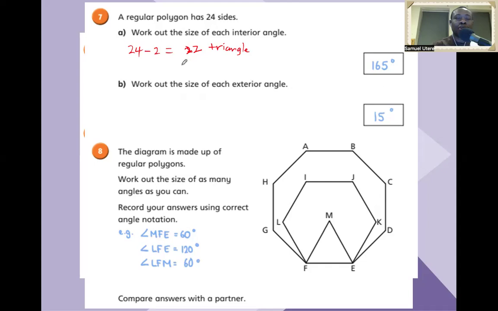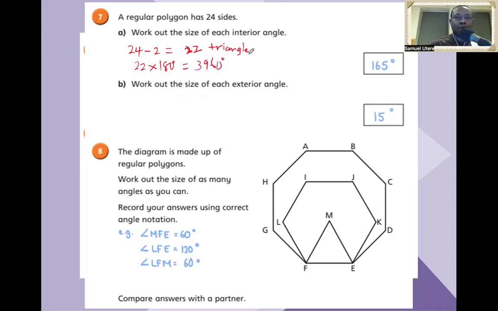So it means the sum of all the angles held by this 24-sided shape will be 22 times 180 degrees. So 22 times 180 will be 3,960 degrees.